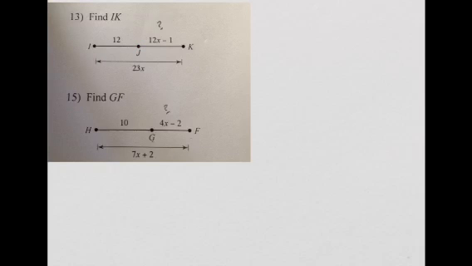For number 13, they want you to find IK. So IK is the whole distance from the beginning to the end, from here to here. So remember, IJ plus JK is going to give you IK, the whole distance.